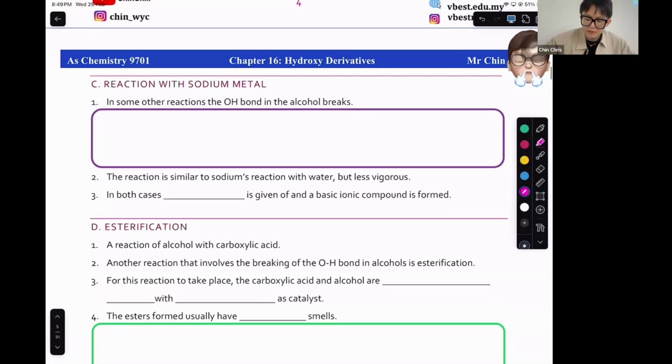What's going to happen? The Na is going to replace the H here, so eventually it's going to turn into an ONa, and H2 is formed. To balance the equation, 2, 2, 2 is needed.